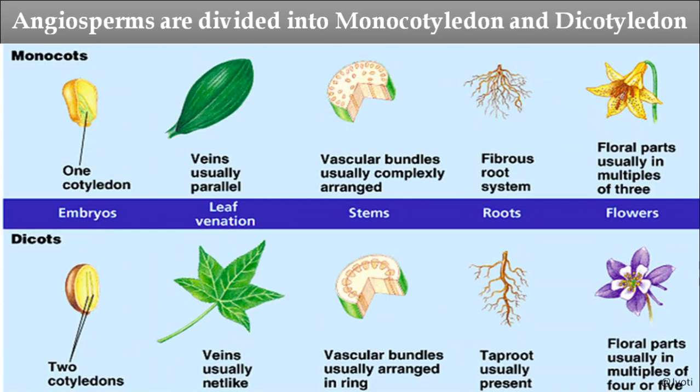Here in the picture you can see the upper row shows the monocot plants, and some of the characteristics are given here. The basic difference between monocot and dicot, and why they are called monocot and dicot, is that in the monocot plant there is only one cotyledon. So let me tell you what a cotyledon is. Cotyledon is the embryonic leaf.